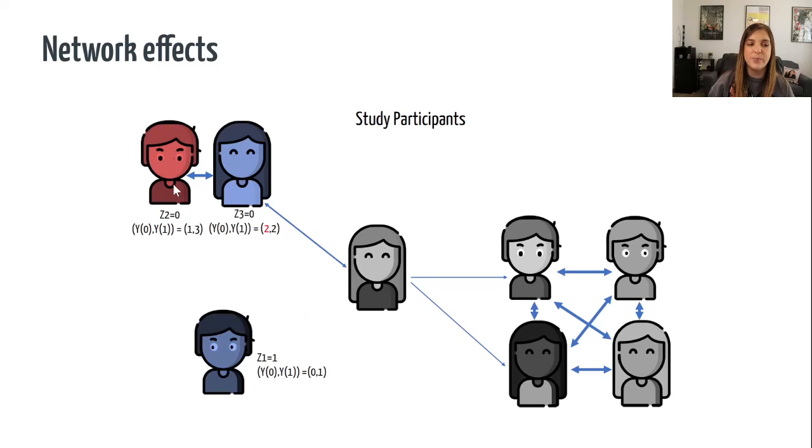So by treating or not treating her boyfriend, the potential outcomes for this girl change. That means her potential outcomes are not independent of the treatment assignment of her boyfriend. So this is what is called spillover or a network effect, and this would break SUTVA.